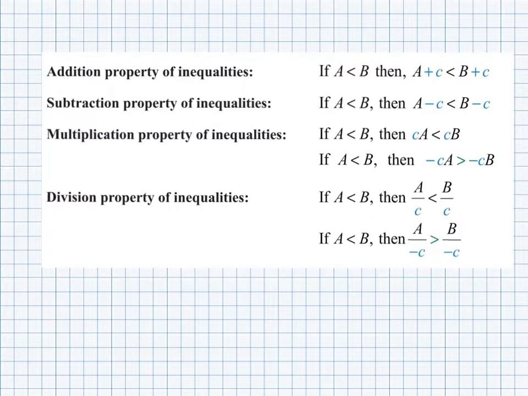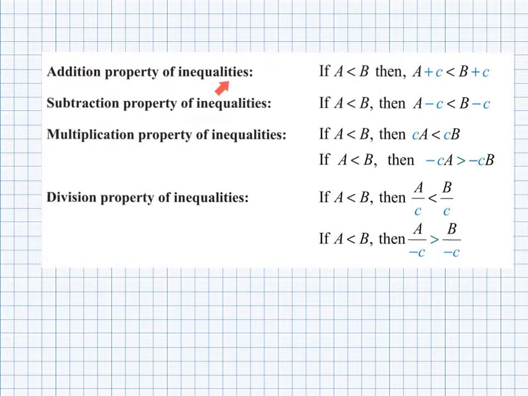So we've talked about different properties before, but now we're going to talk about the addition and subtraction properties of inequalities. And in the next lesson we'll talk about the multiplication property and the division property. I'm going to be talking about them a lot over the next couple lessons, so you're going to see similar graphics to this.